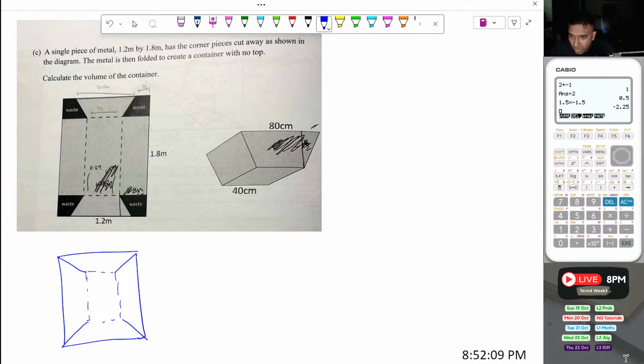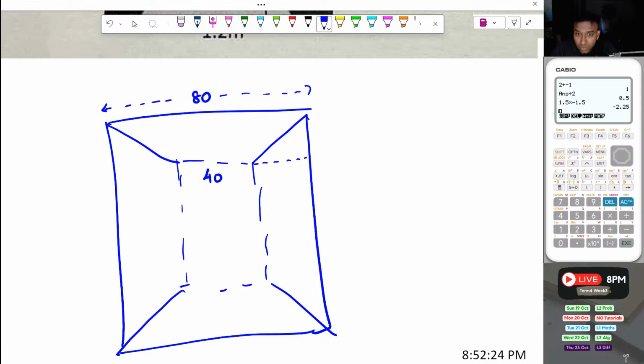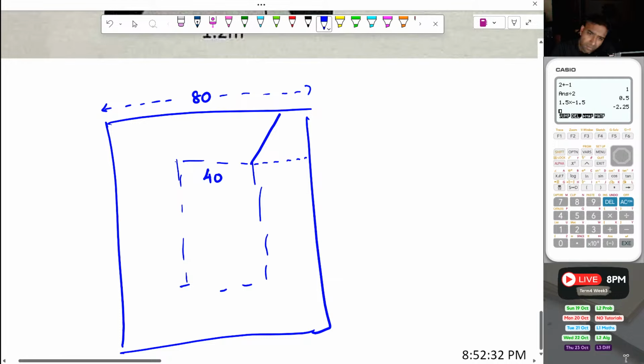So what we know is that this part here is 40 and this part here is 80. If that's the case, symmetrically, oh, hang on, I just stuffed up that diagram. Just saw that. The diagram looks more like this, doesn't it? Yeah, it does.